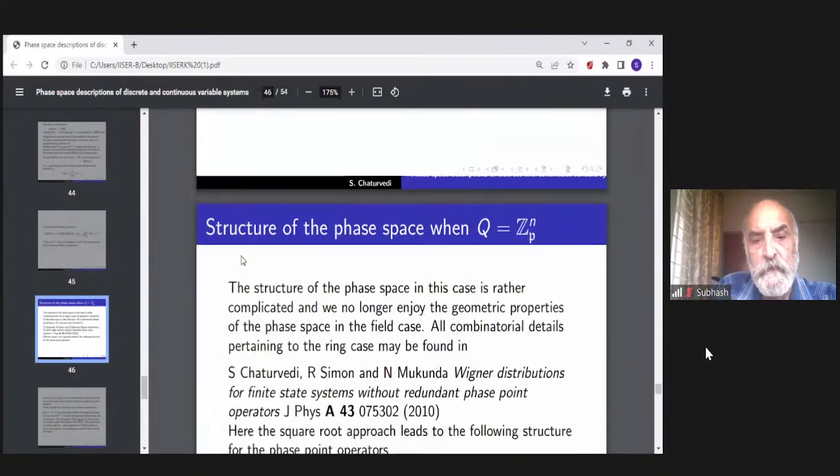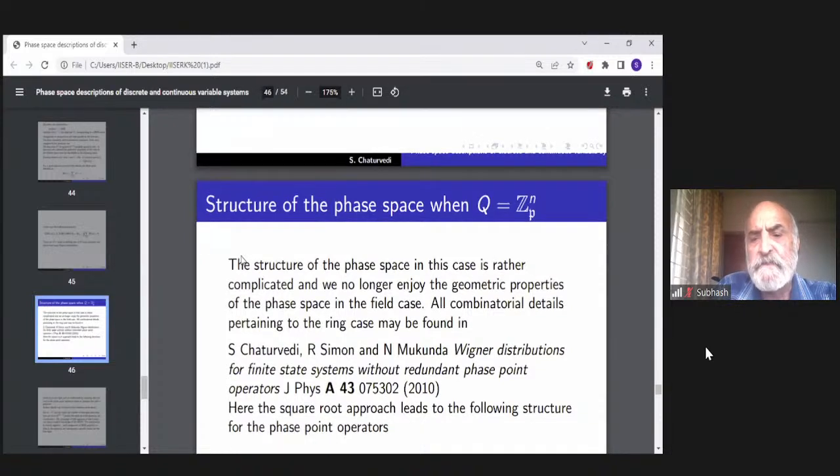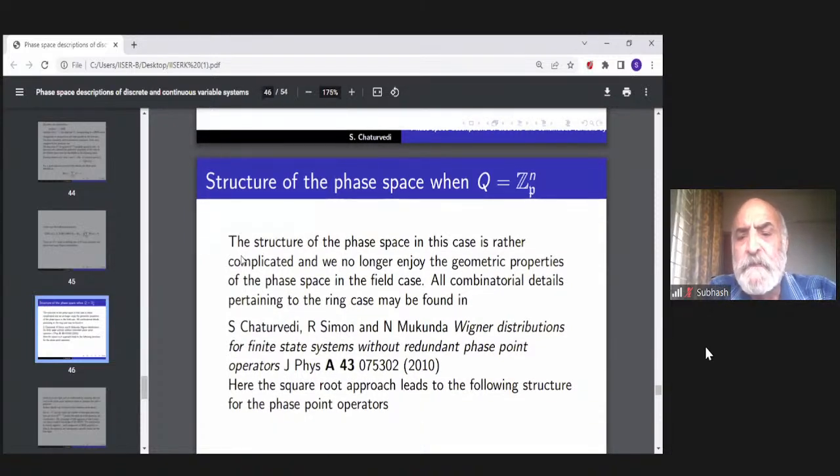Now we come to Z to the P^n. The structure in this phase space is somewhat more complicated.